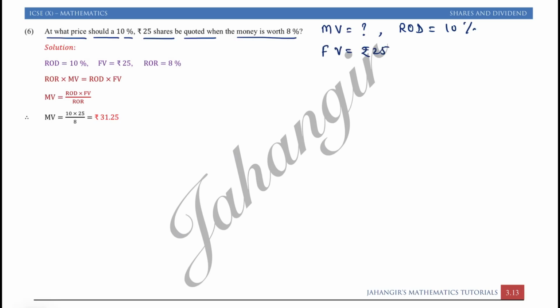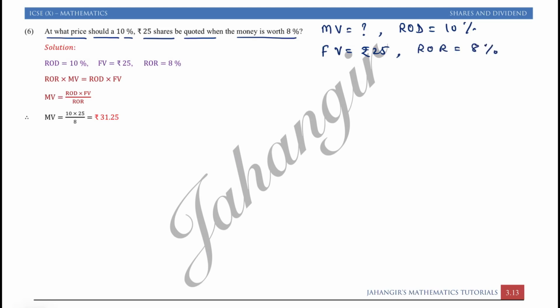You have to find at what price this share is quoted. Quoted means you can buy. When the money is worth 8%, money means our investment, and the return on our investment we call rate of return. So rate of return is 8%.